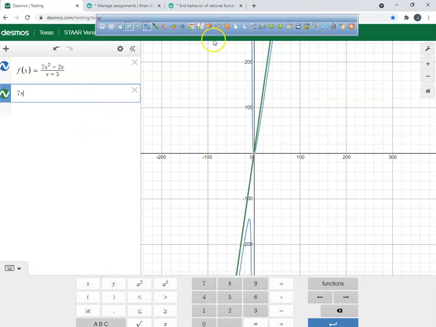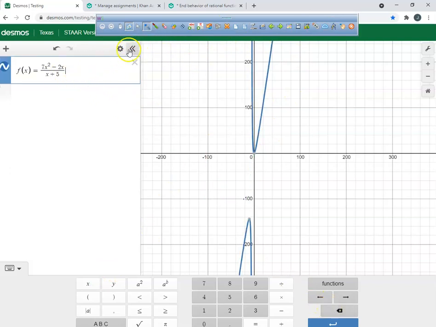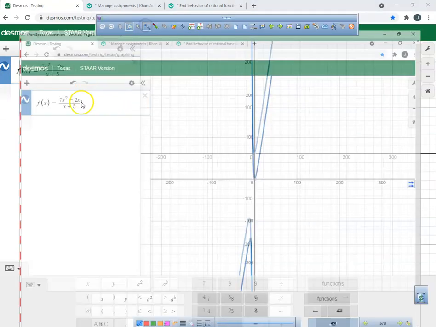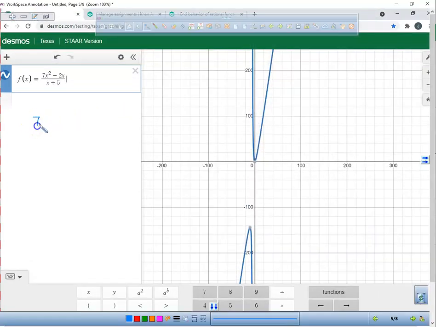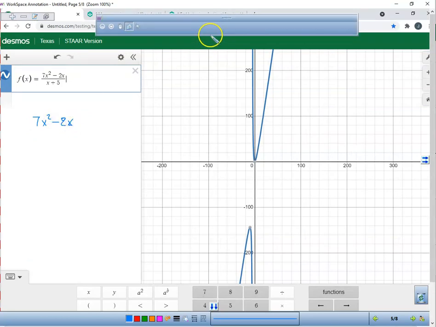All right, so guys, we're going to talk about something real quick. I'd like you guys to go ahead and write this function down. You have 7x squared minus 2x over x plus 5.